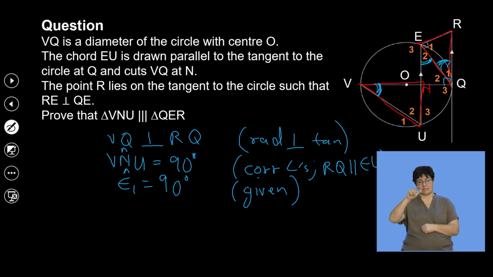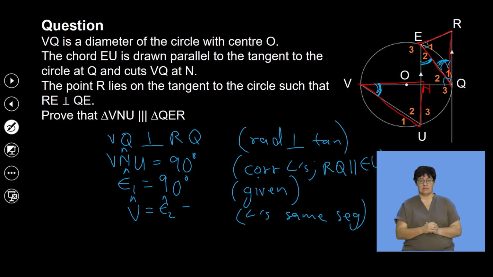So I will say my angle V is equal to angle E2, and my reason for this will be angles in the same segment, right? Same seg. And then because of that, E2 will also be equal to Q1, and this is because of alternate angles. Guys, maths is very beautiful.